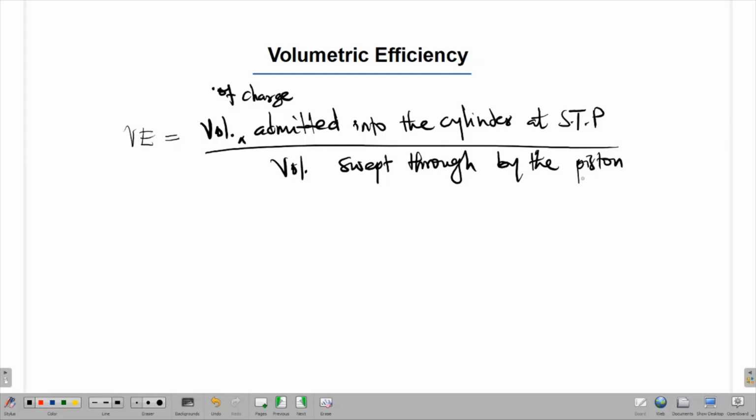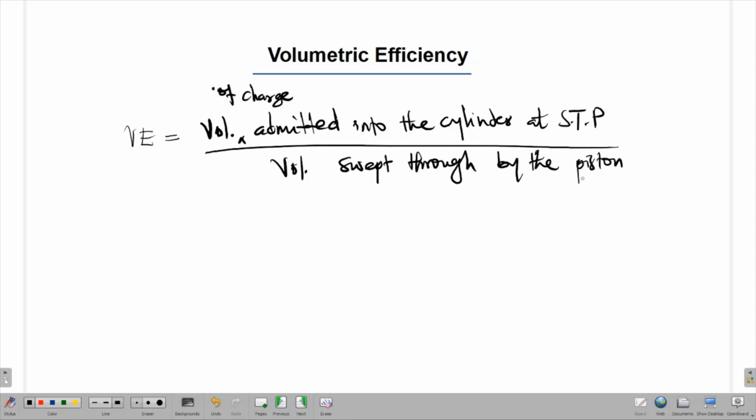Volumetric efficiency is sometimes defined as the ratio of the mass of charge actually admitted into the cylinder to the mass of charge which would completely fill the swept volume at standard temperature and pressure.